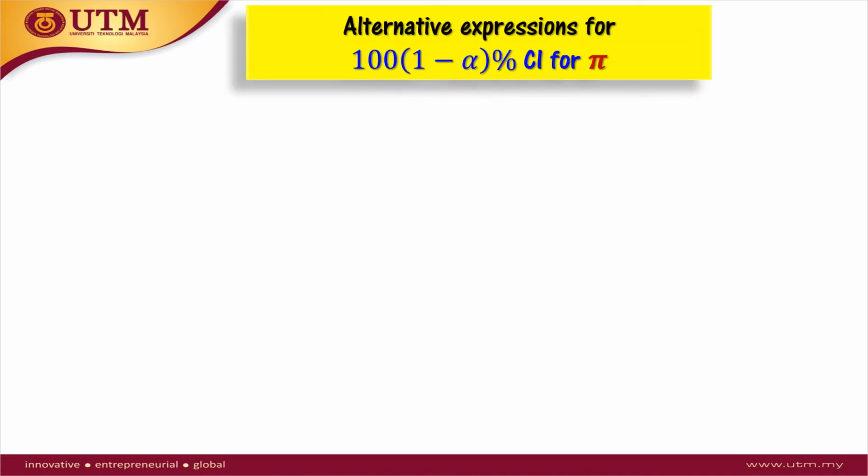Alternative expressions for writing the 100 times 1 minus alpha percent confidence interval for the true population proportion pi are as follows.